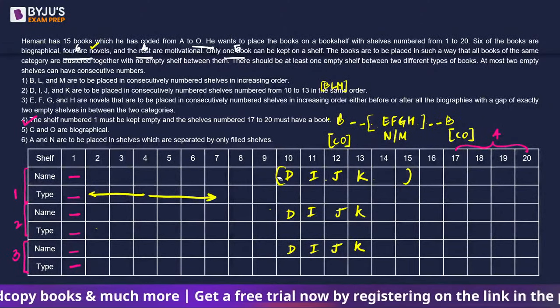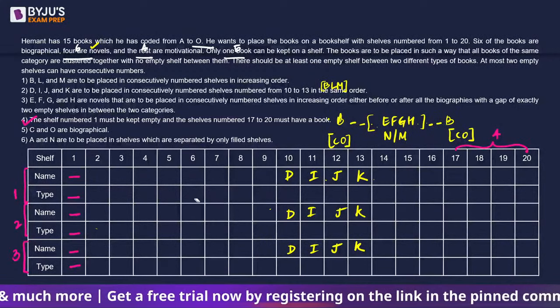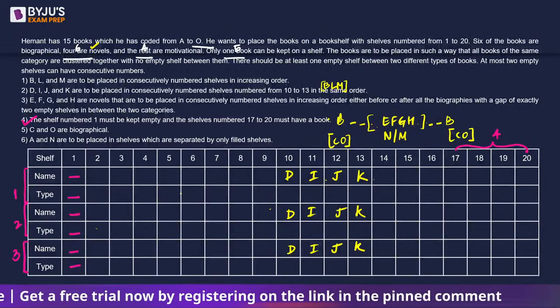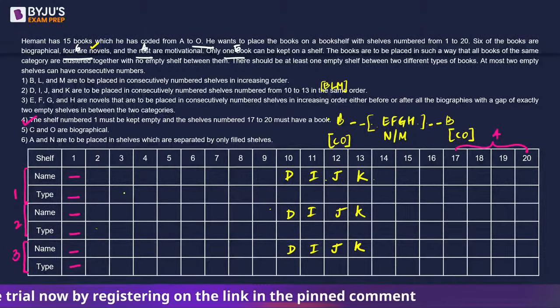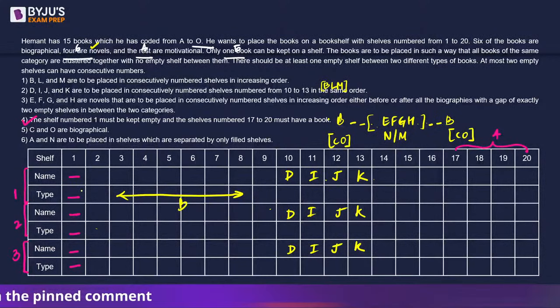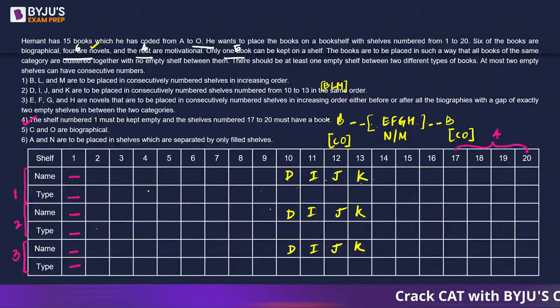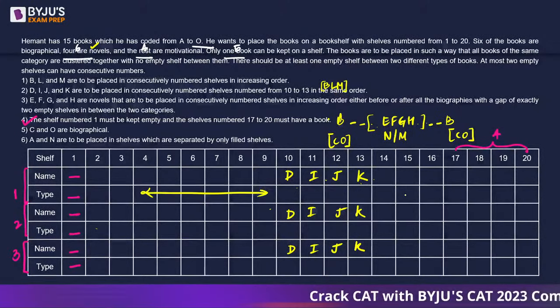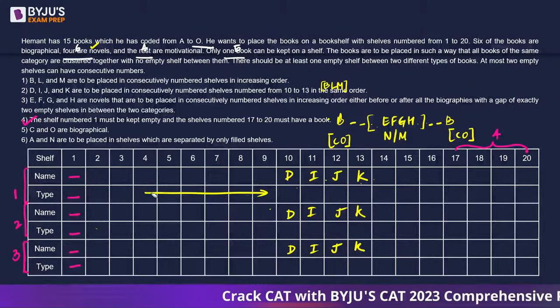So biographical books cannot be from 2 to 7. Okay? Can biographical books be from 3 to 8? No. If these are biographical books, then the books after biographical or before it's not possible. After biographical, we are supposed to put CO. If I put CO, there should be a gap of 2. So this is not allowed. I cannot shift it further 4 to 9 because the type of books will become consecutive.